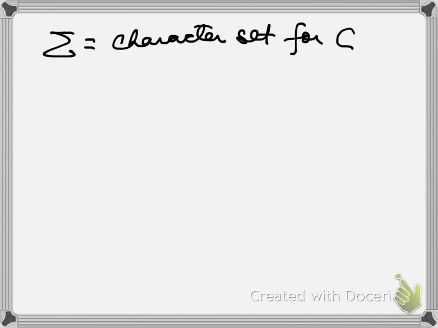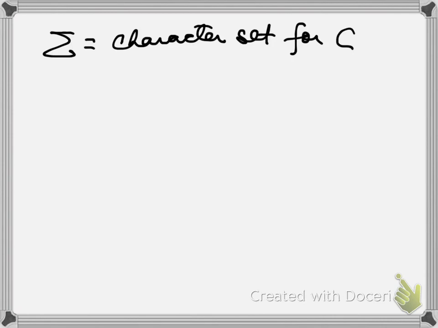The character set of C contains all the letters, uppercase, lowercase, digits, special symbols and so on. So this is quite large. So our regular expression for identifiers is also going to be quite complex. So to ease this complexity, we are going to have some regular definitions. We are going to define some new symbols to make it more convenient.